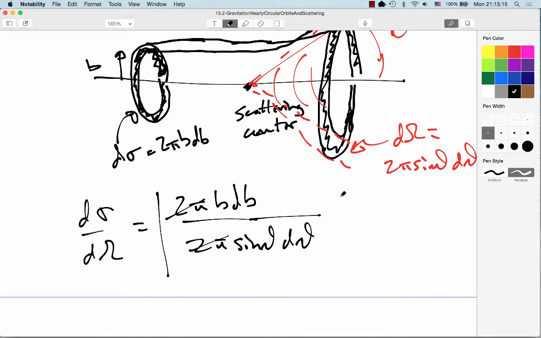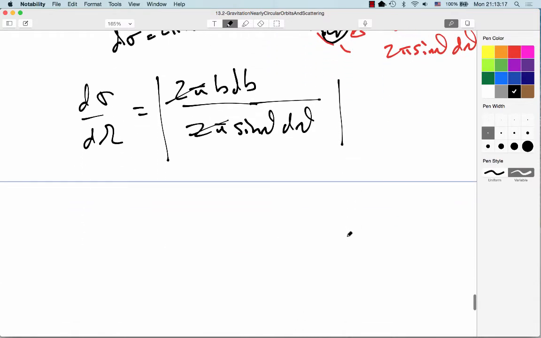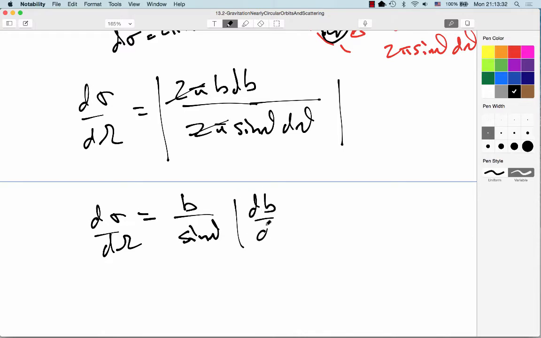Hey, I can cancel the 2 pi's for what it's worth. Impact parameter is always positive. We can make sine theta positive, so we can write d sigma d omega is equal to b over sine theta times db d theta. Okay, this is cool.